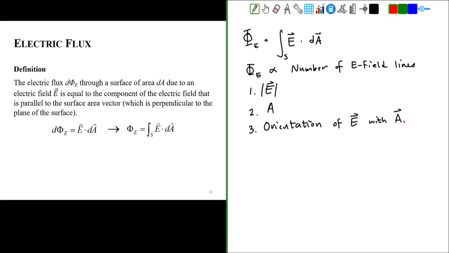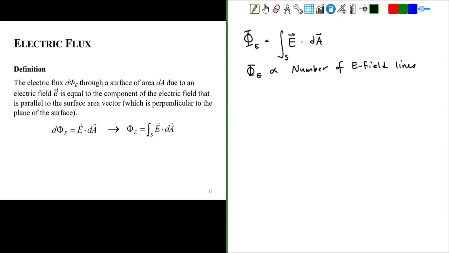Well, let's look at each of these in turn, beginning with the fact that the electric flux is proportional to the number of field lines, and that proportionality is going to depend on the magnitude of the electric field.